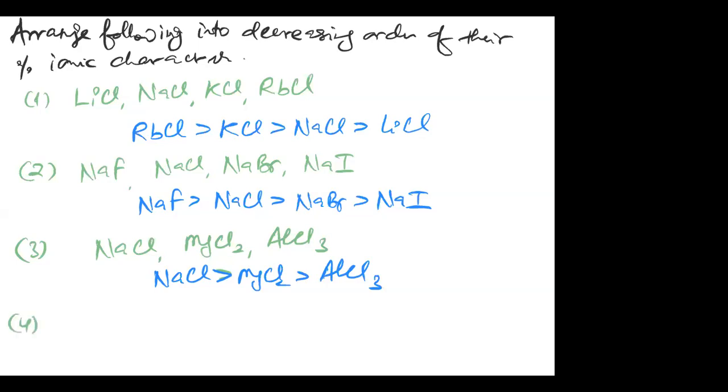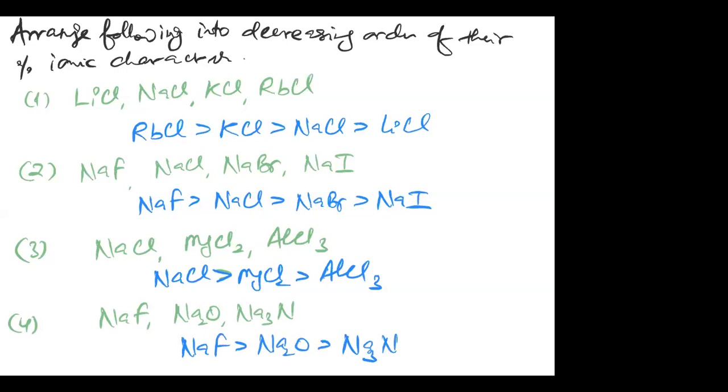Similarly, if we have, let's say, NaF, Na2O, and Na3N, in this case NaF will be the most ionic, then Na2O, and Na2O will be more ionic than Na3N.